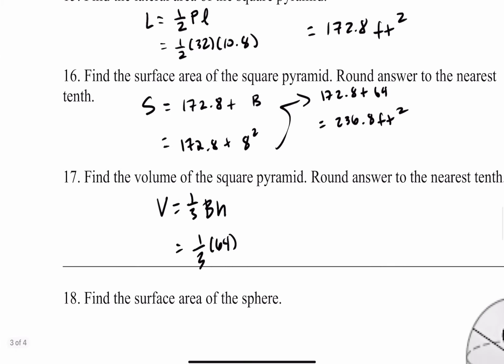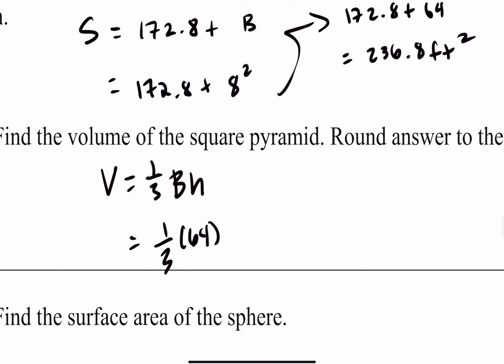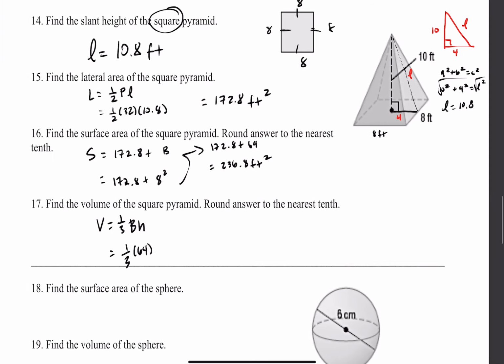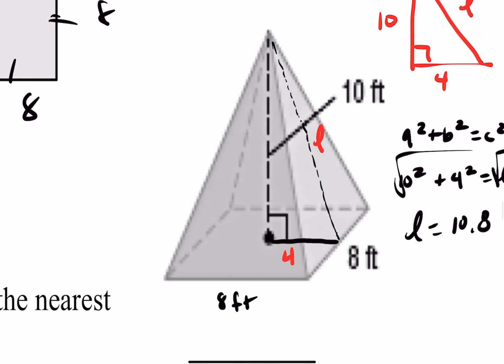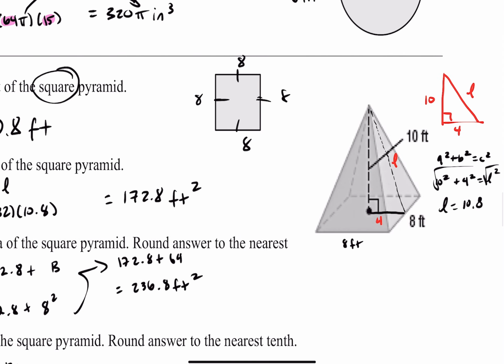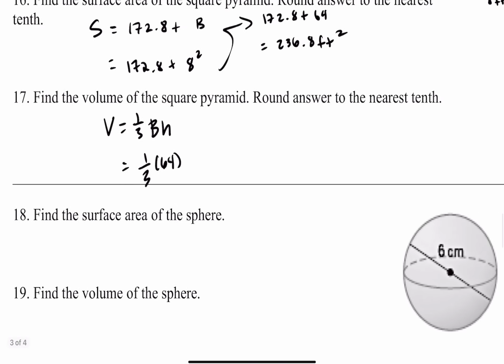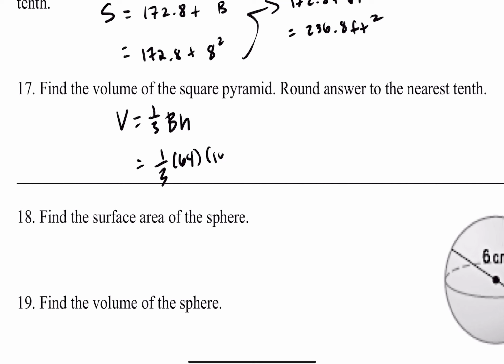Now what I have to do is figure out the height of the pyramid. Well, the height of the pyramid is the altitude, so it's from the vertex perpendicular to the center of the base of the pyramid. It's 10 feet. This is how tall the pyramid is. And then I can just do 1/3 times 64 times 10.